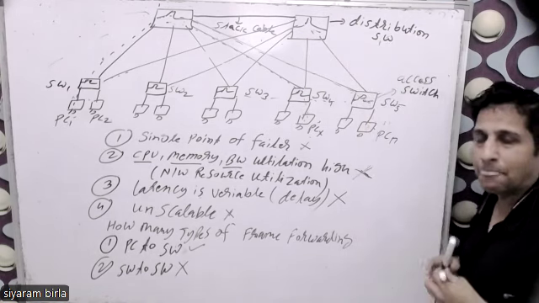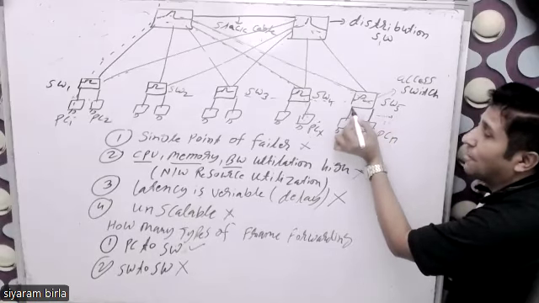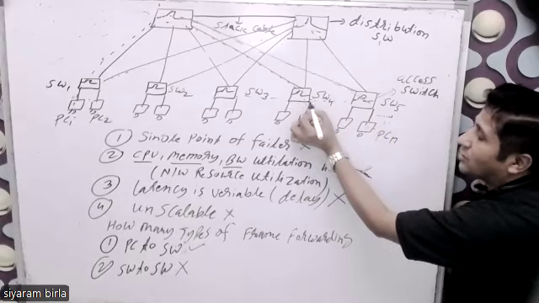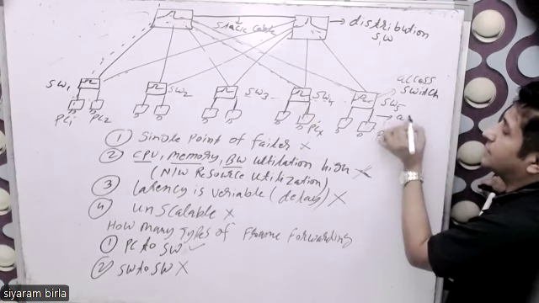The access switches are connecting to the PCs. So every link from a switch to a PC is called an access link.